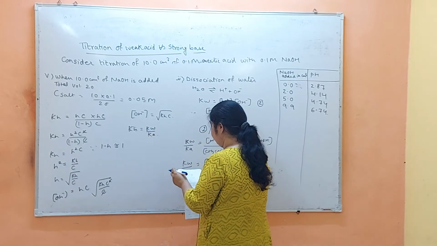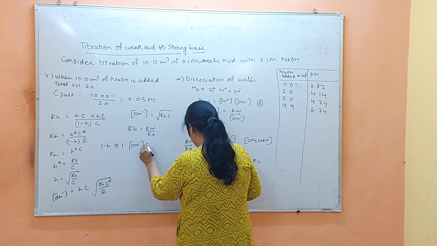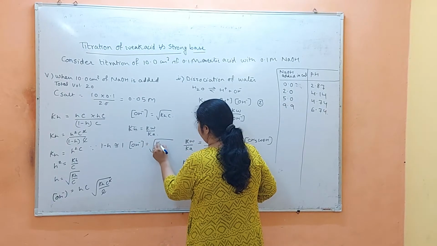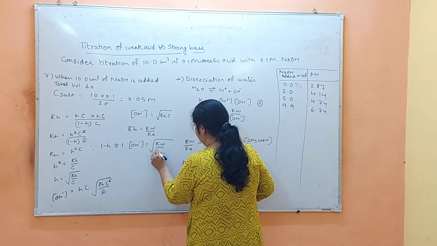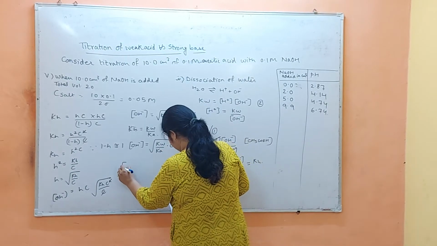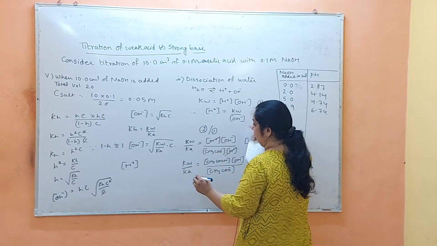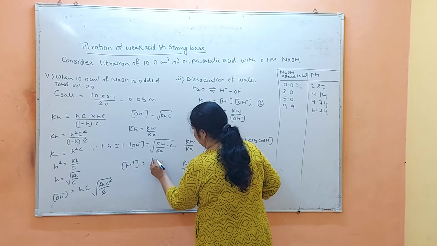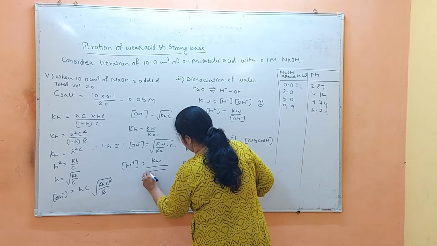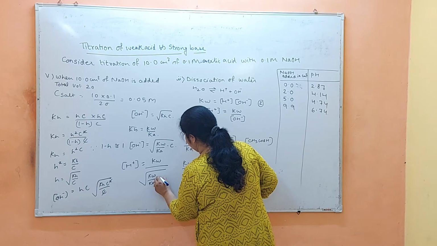And please try to understand, OH− will be equal to under root of Kw by Ka into C, and H+ is equal to Kw by OH−. So it will be equal to Kw upon under root of Kw upon Ka into C.